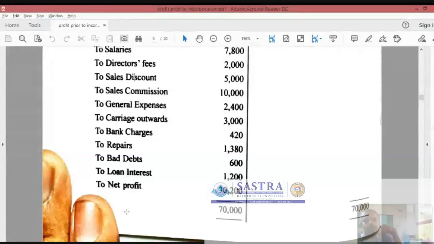So the 30,200 net profit is going to be split into two parts: how much profit for pre-incorporation, how much profit for post-incorporation. That is the only thing we are going to find out. So we are not going to find out any new information. We are going to find out the split information which is available in the profit and loss account.